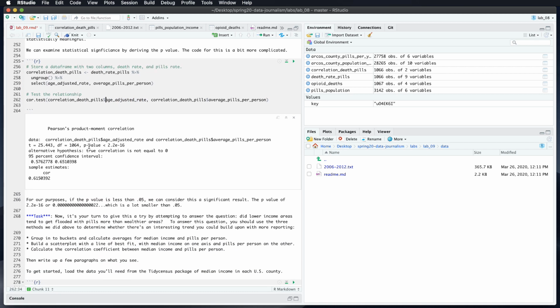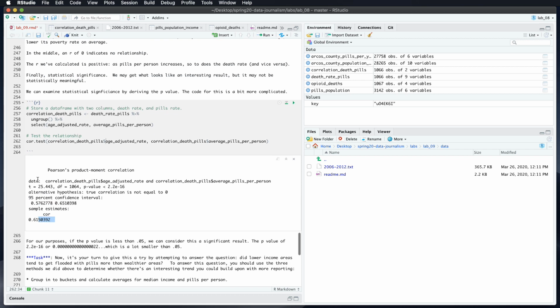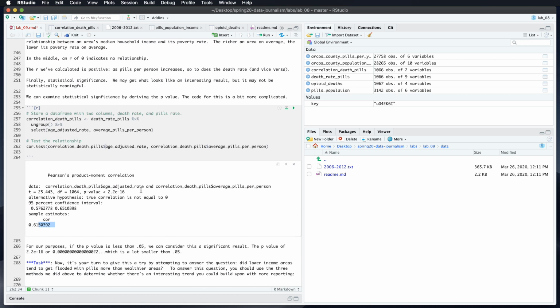We get this very complicated output that says Pearson's product moment correlation. There are other kinds of correlation. Pearson's is one that we see frequently used. The correlation coefficient is down here at the bottom, 0.62. We calculated that above in something that was a little bit prettier.